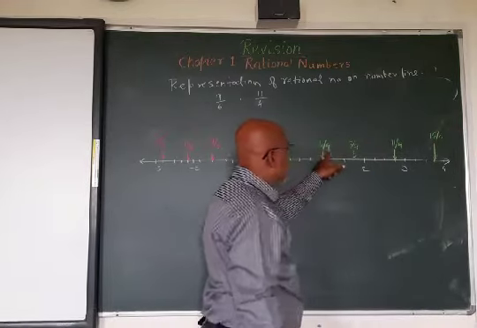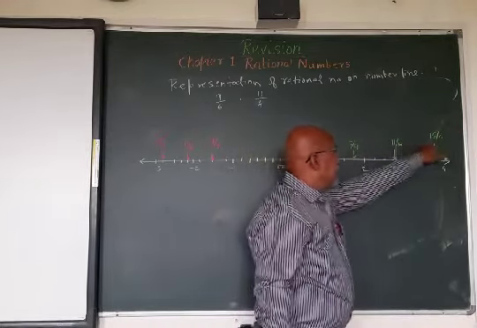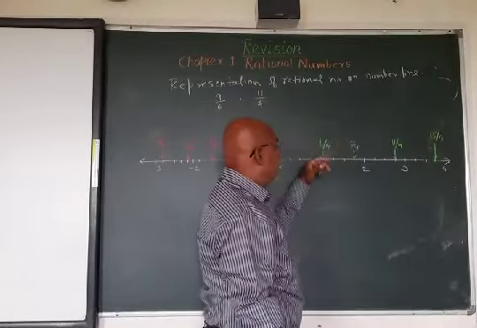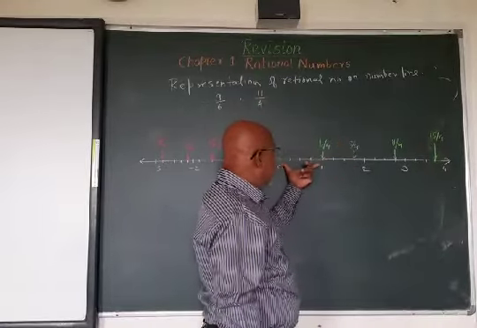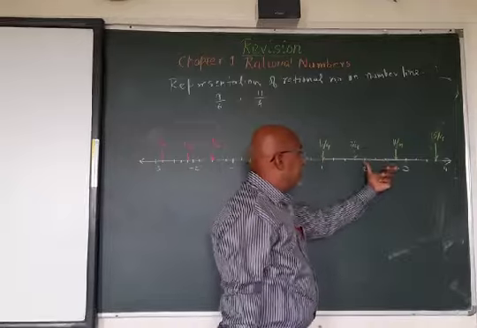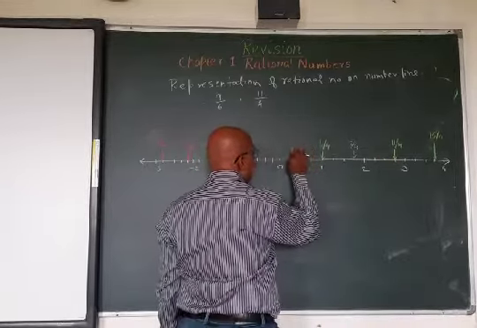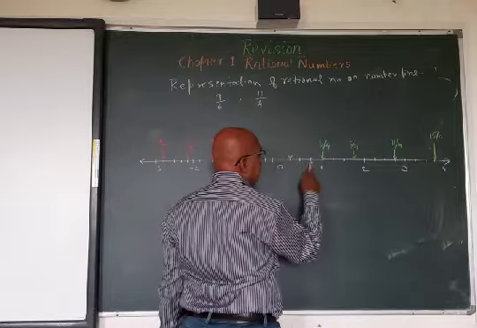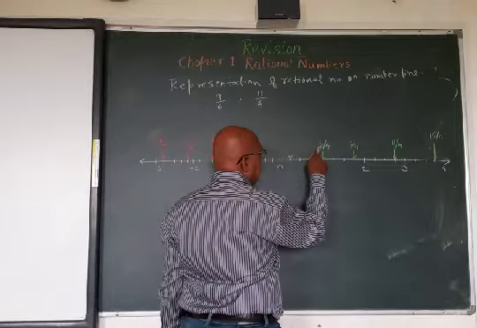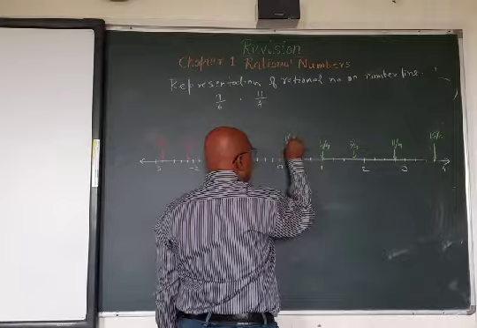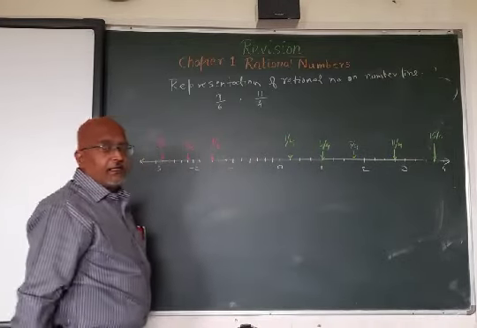Now again see, the denominator everywhere is 4. Why? Because we have divided one unit in 4 equal parts. Minus 3 means 1 upon 4. It's very easy.